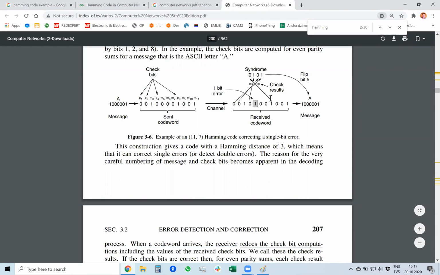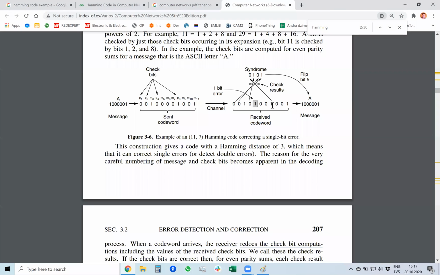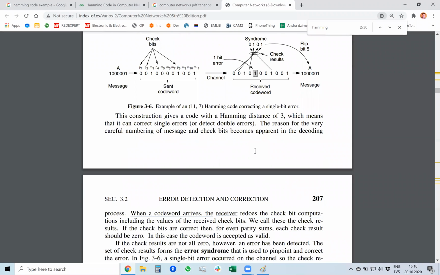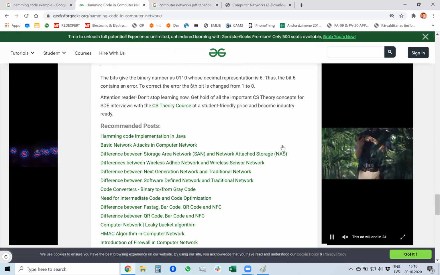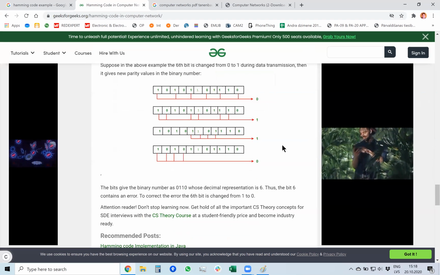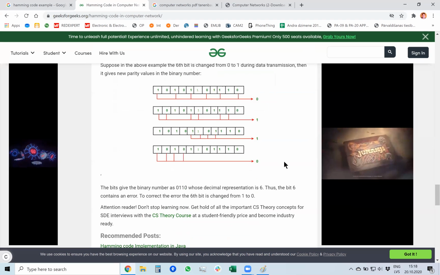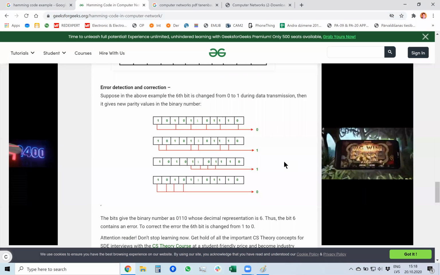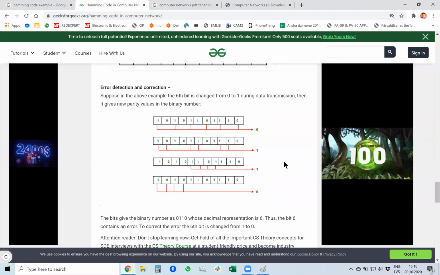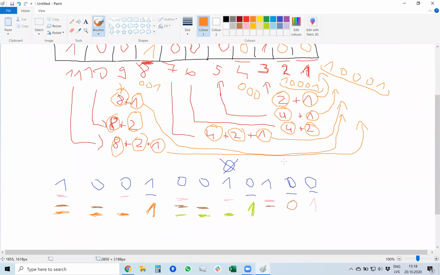So why is it calculated differently? 1, 0, 0. Let's see. Which bit did I change? 1, 0, 0.